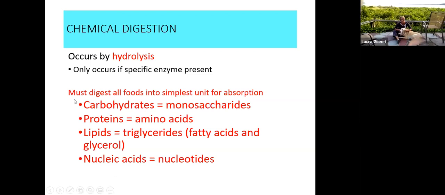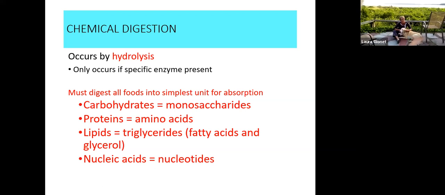Okay, when it comes to chemical digestion of food, this occurs via hydrolysis. We must digest all our foods into the simplest unit for absorption.